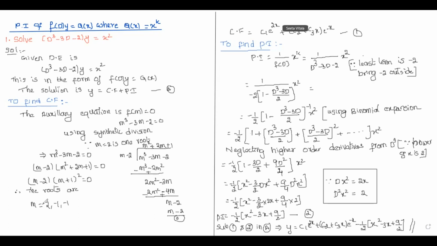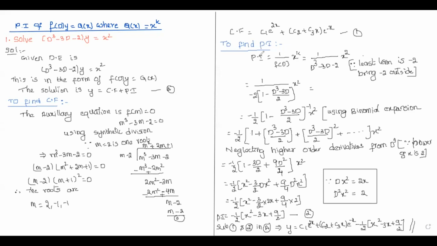Therefore the roots are m = 2, -1, -1. As we have discussed in the previous videos, the complementary function is c1 e^(2x) + (c2 + c3 x) e^(-x).